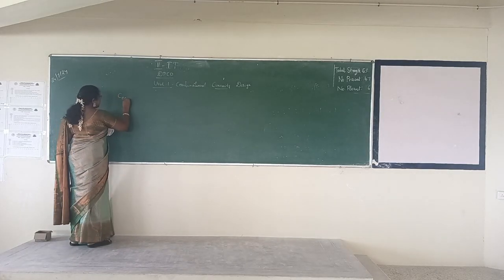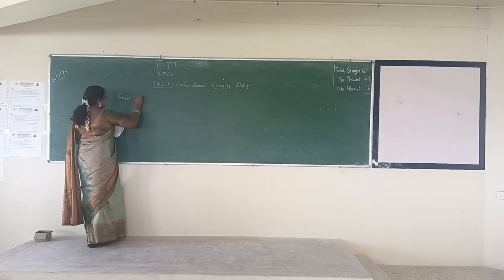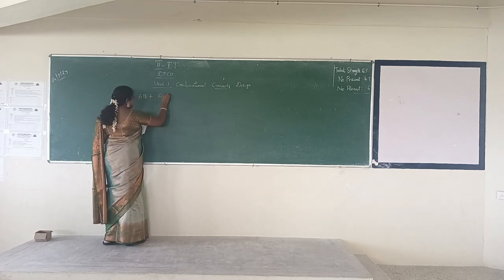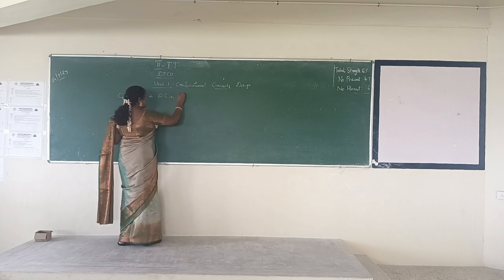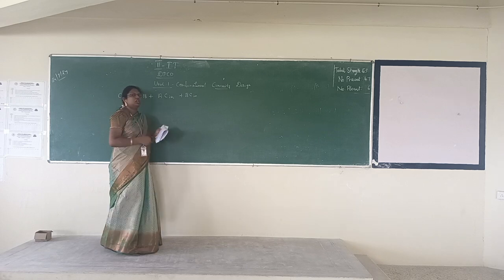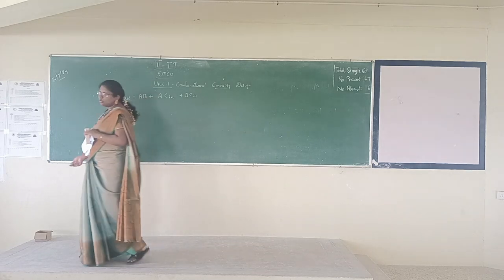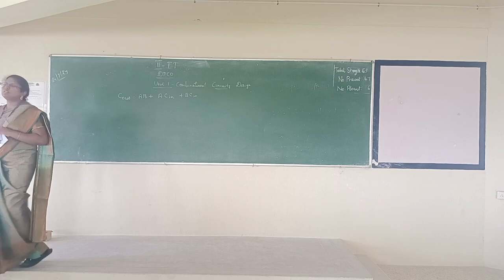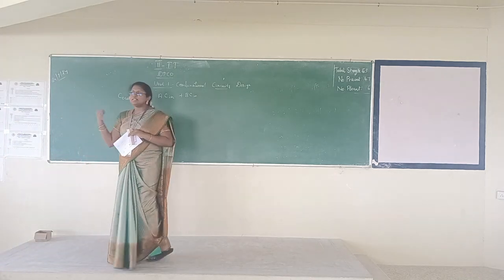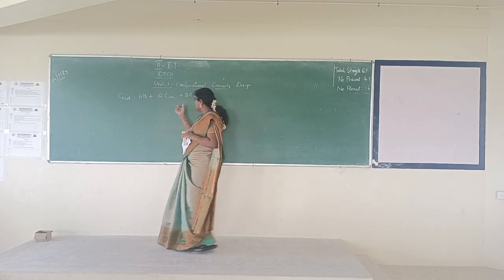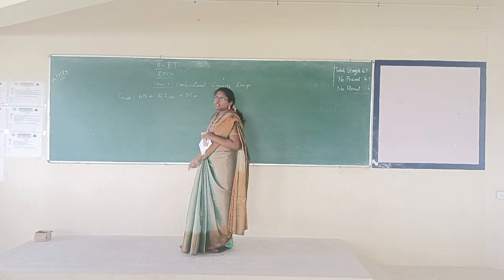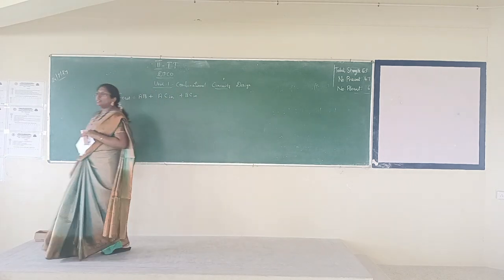What is the expression for Cout? AB plus BC in plus AC in. Simplification by using some Boolean laws.